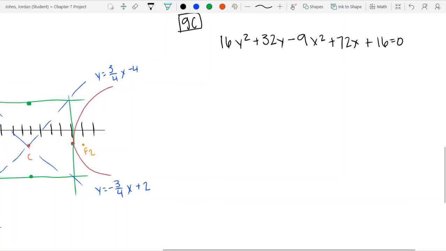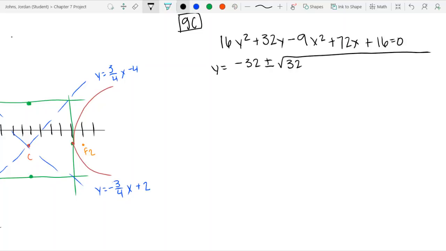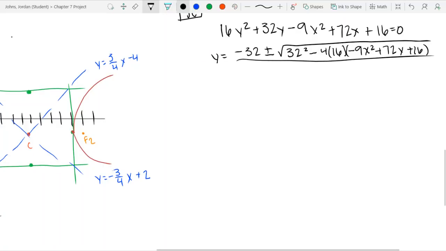So we're going to use the quadratic formula: y equals negative 32 plus or minus the square root of 32 squared minus 4 times 16 times (negative 9x squared plus 72x plus 16), all over 2 times 16.